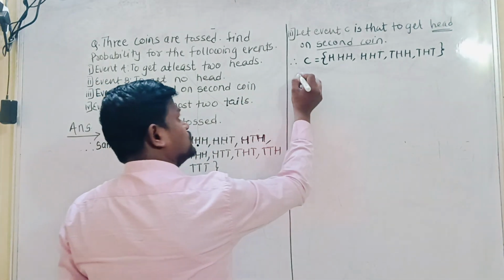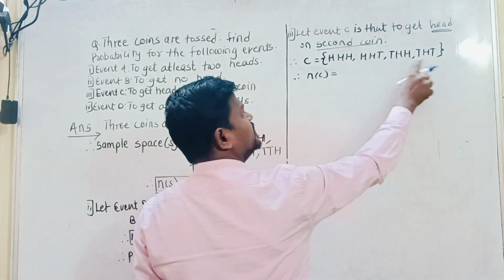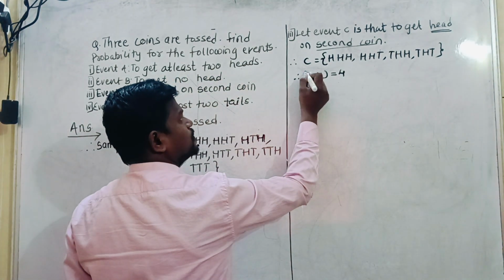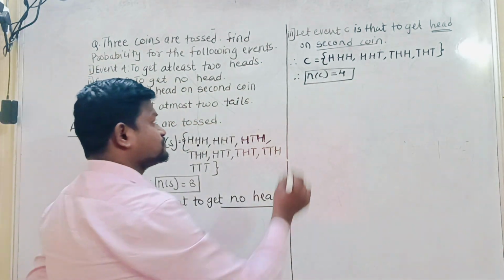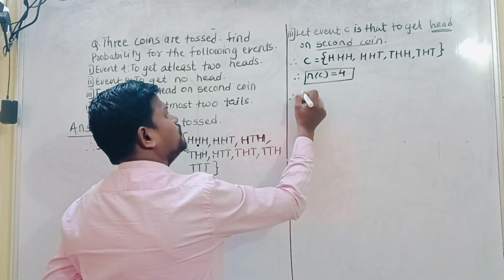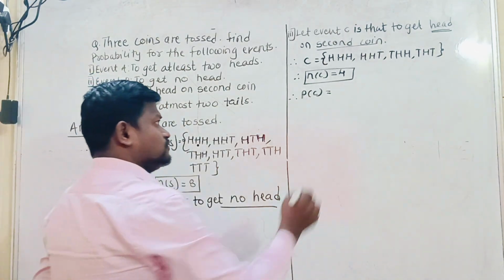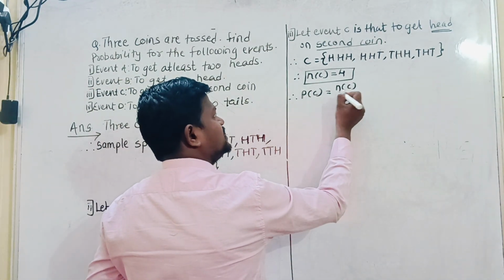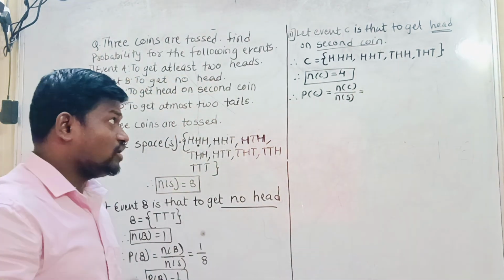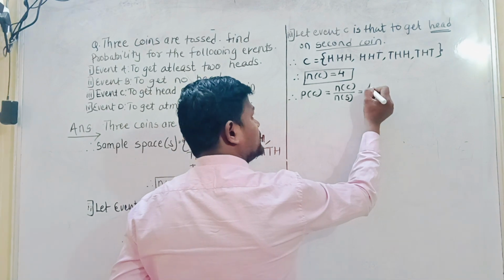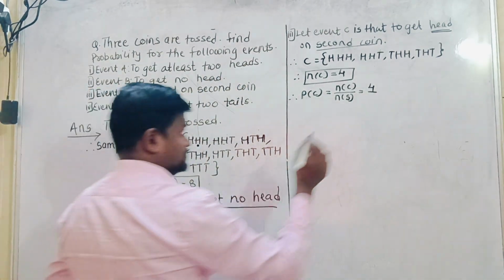So write down the number of C. Count 1, 2, 3 and 4. Next, move on to find the probability for event C. The formula is number of C upon number of S. So we have number of C as 4 and number of S as 8.